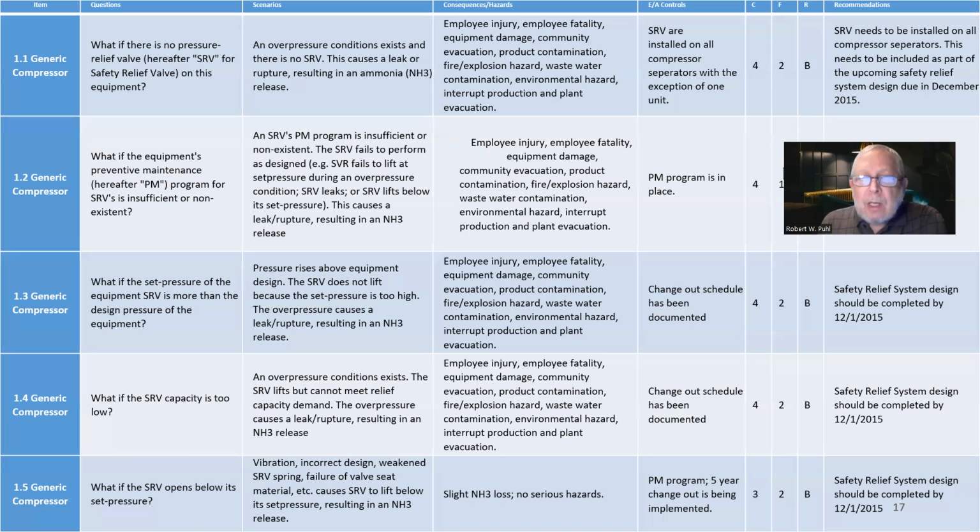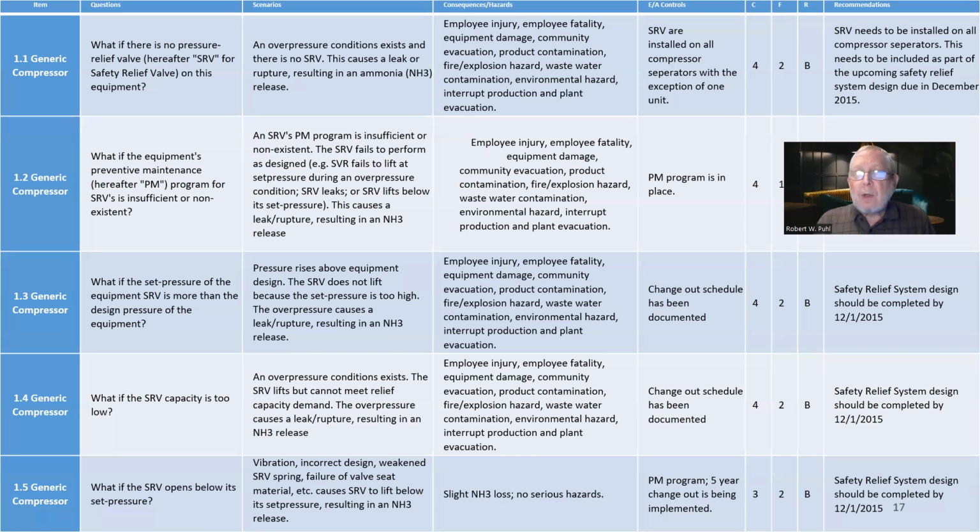Now you can see that this particular thing is kind of boilerplate for a lot of things that could result in something, one of these, not all of them, of course. But now these are the EA, which is engineering administrative controls. SRVs are installed. Now, this is again a hypothetical situation, but here's what's been done about it.